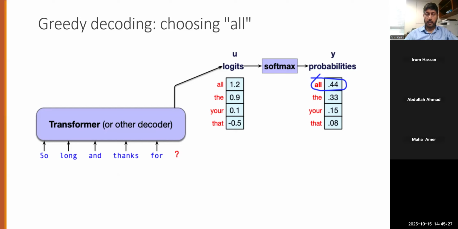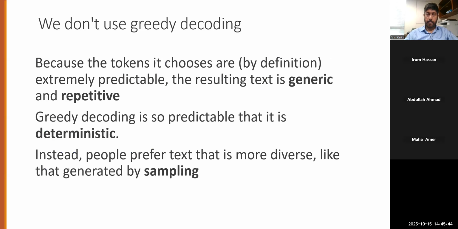So "all" has the highest probability in the output. Okay. So the input is "so long and thanks for". We want to generate the next word. "All" has the highest probability and it will be chosen because we are using the greedy approach. So in general, whenever you are using Gen AI, generative AI or generative NLP, we typically don't use greedy decoding.